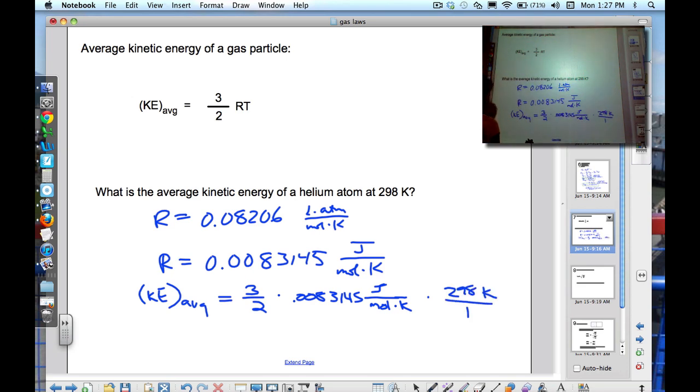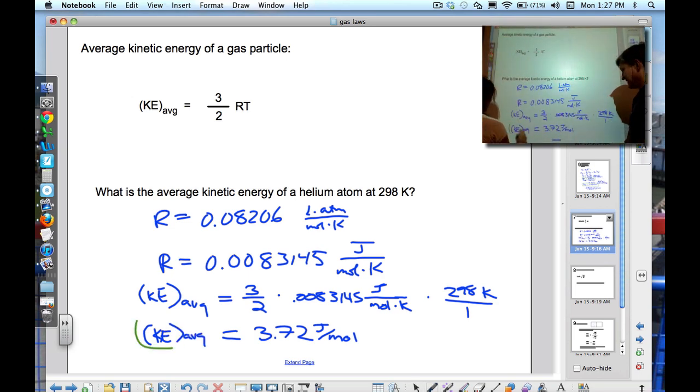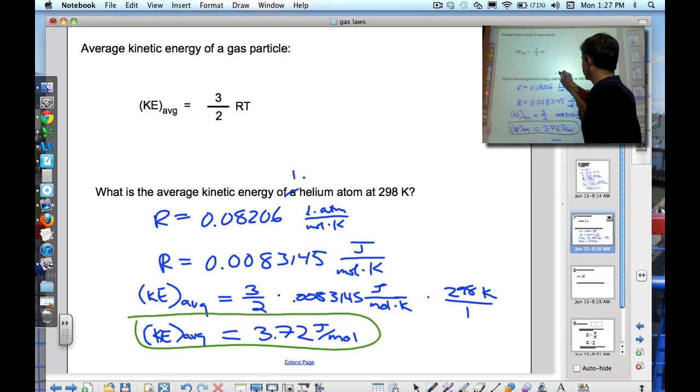So that would be equal to 3.72 joules. 3.72 joules per mole. Per mole, yeah. I guess if I asked for the average kinetic energy of a single helium atom, we would want to divide that by Avogadro's number, but let's just modify the question and say the average kinetic energy of 1 mole of helium atoms.